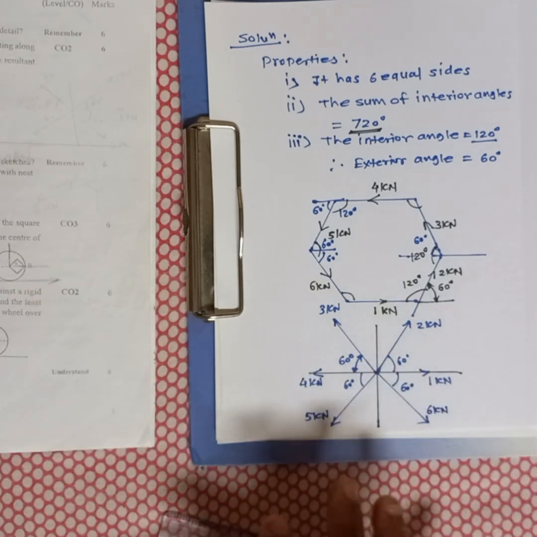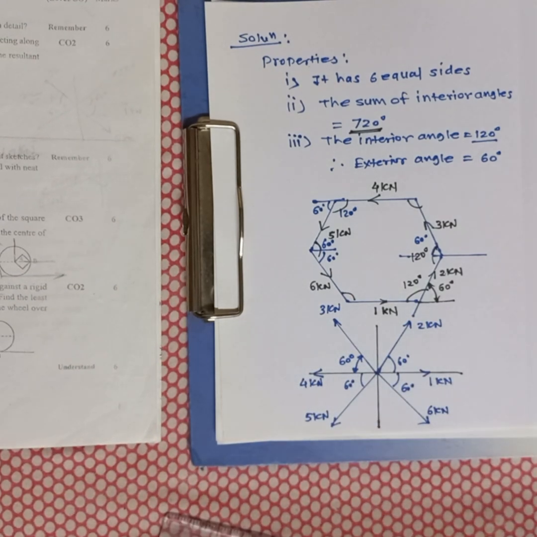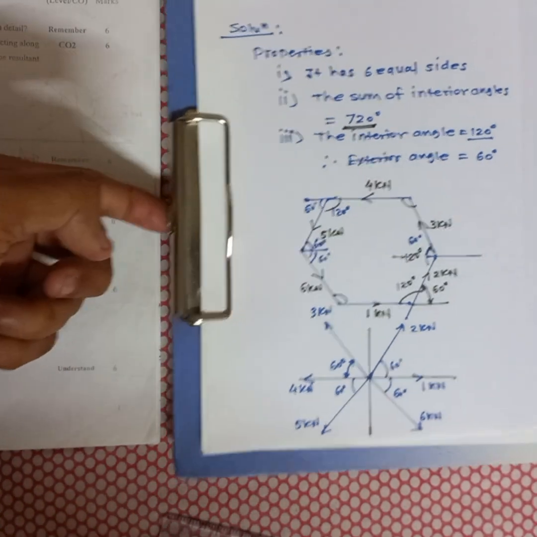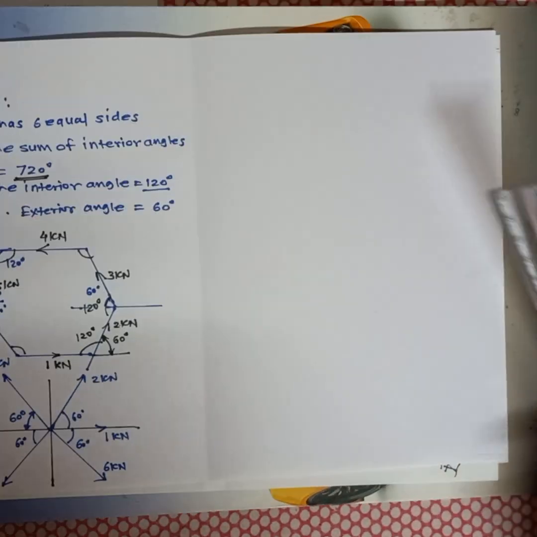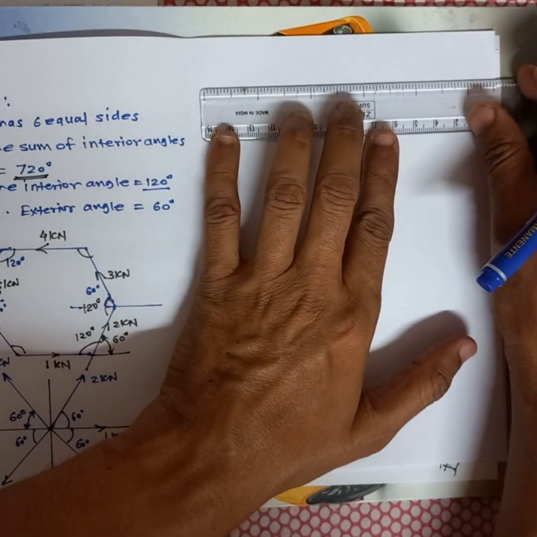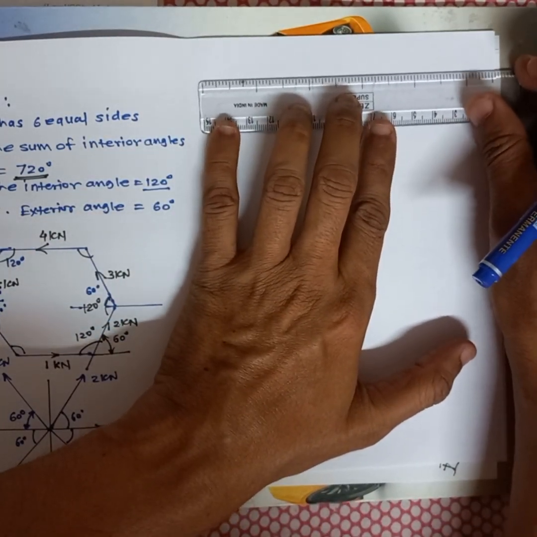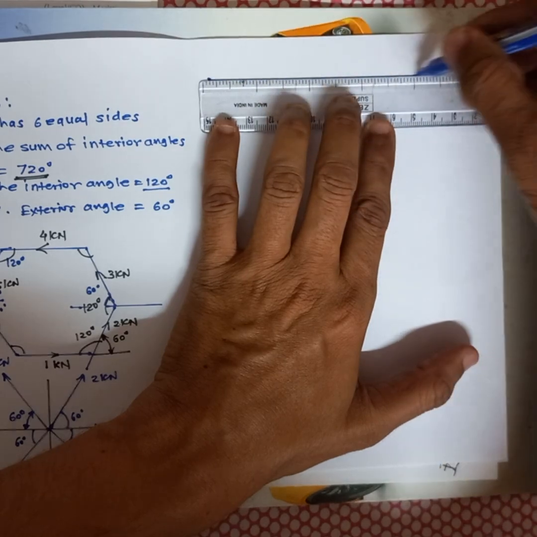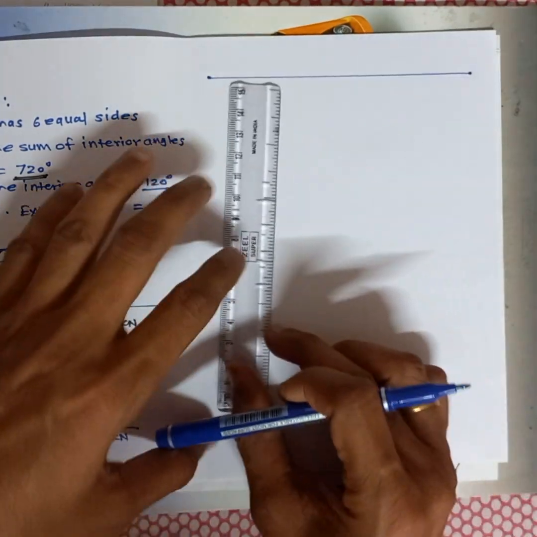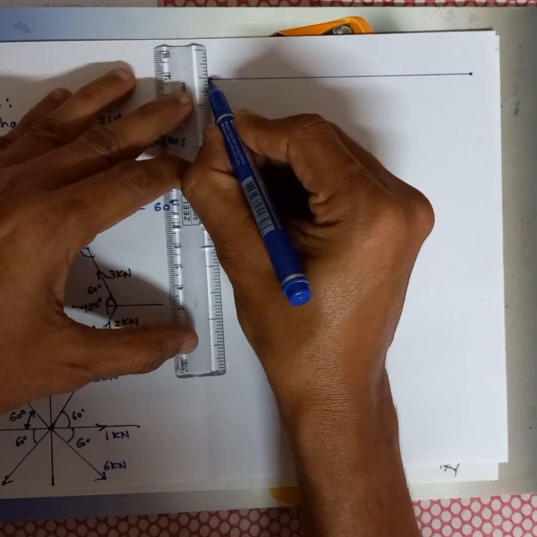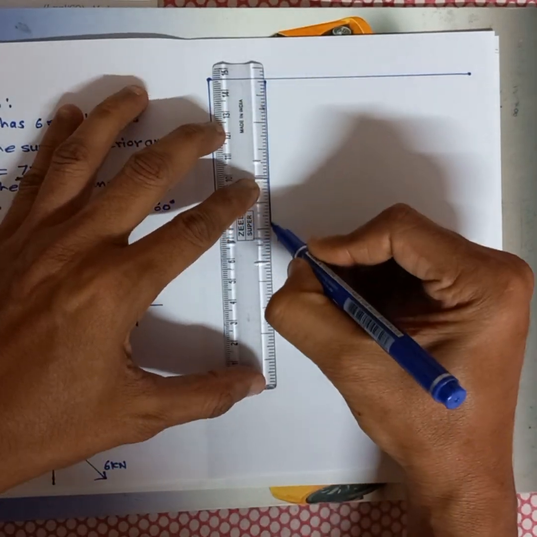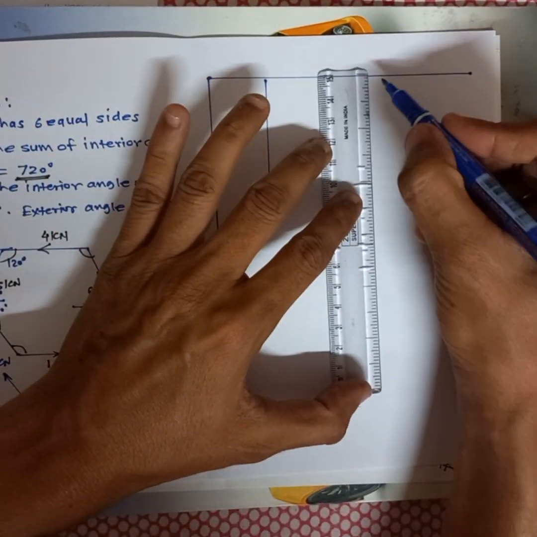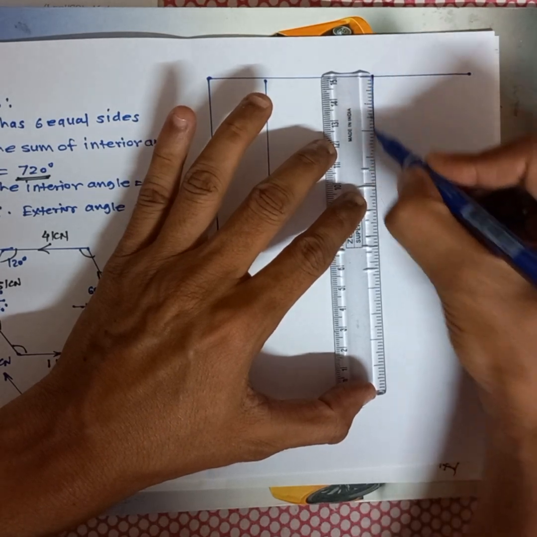So this is how we got a concurrent force system, right? Now let us resolve the forces with usual procedure. So I follow a table system for easy understanding and to avoid any error. So just have a table. The first column is of force, second and third column will be of components.